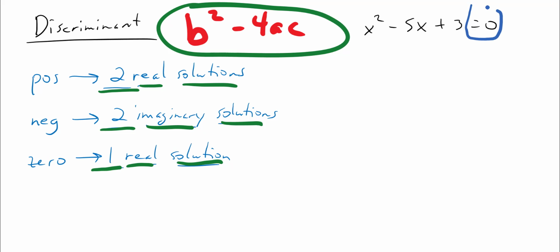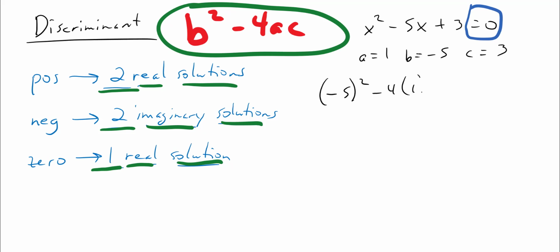This is really important. If it doesn't equal 0, you've got to move stuff over. Do you guys agree A is 1, B is negative 5, and C is 3? Plug it into b squared minus 4ac. That's all you do, guys. Really easy. So b squared minus 4 times a times c.